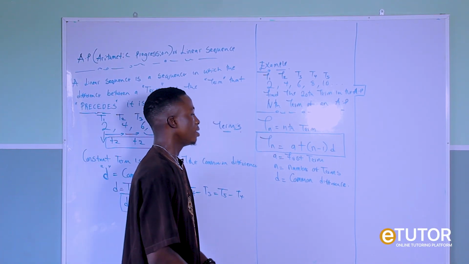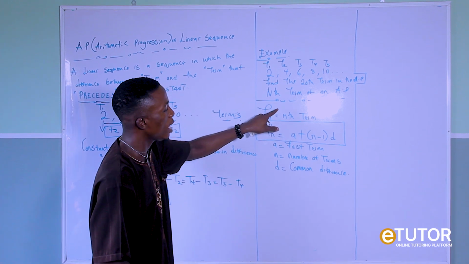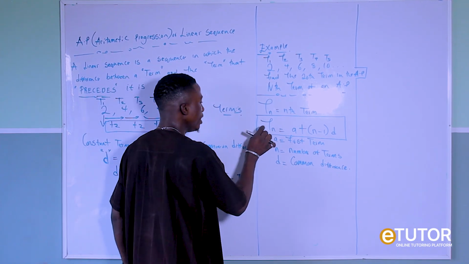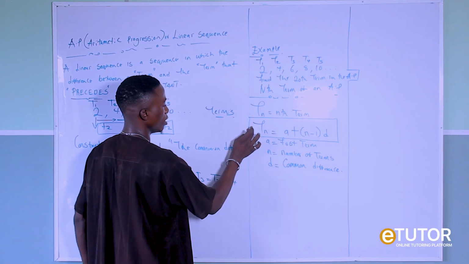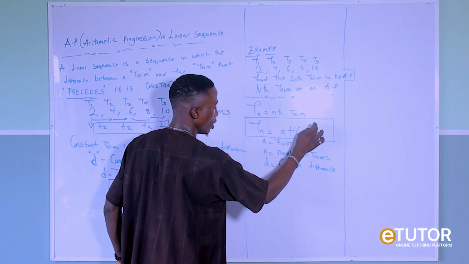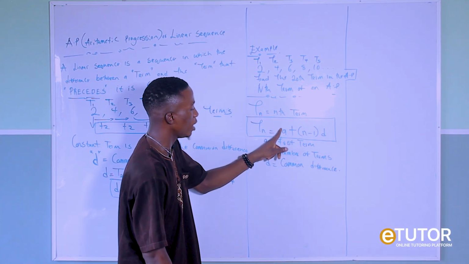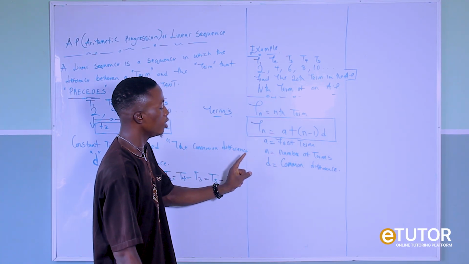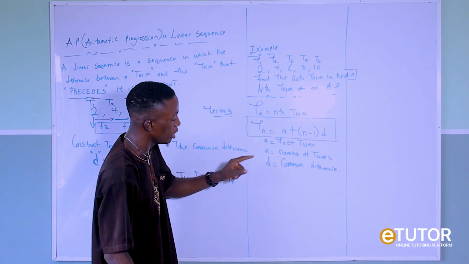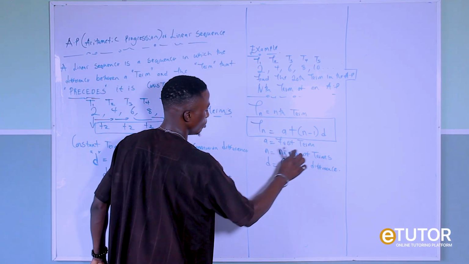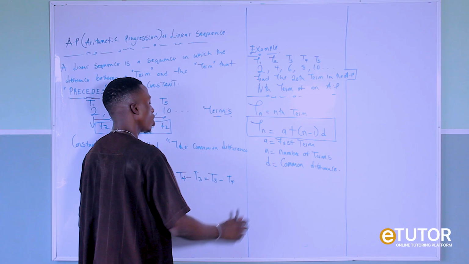I said the nth term formula can be used to find any term in the AP, and the formula states: Tn equals A plus n minus 1 times D. That means to use this formula, you need to know 3 things: what A is, what n is, and what D is. A means first term, n means number of terms, D means common difference.